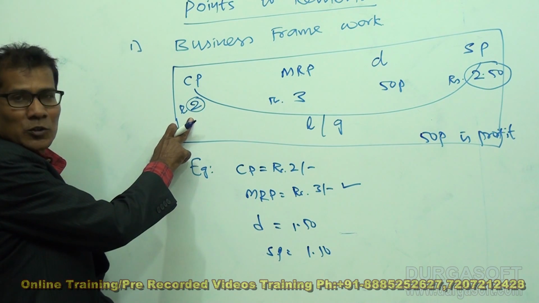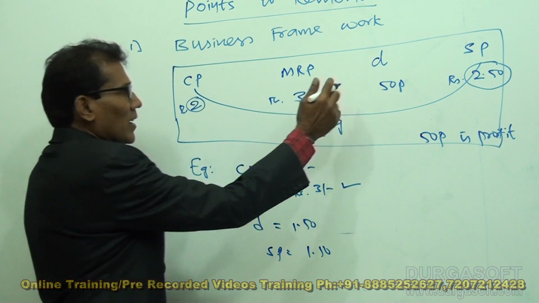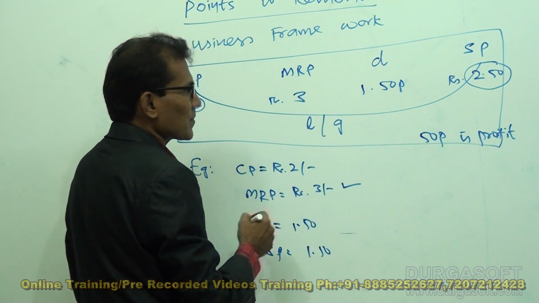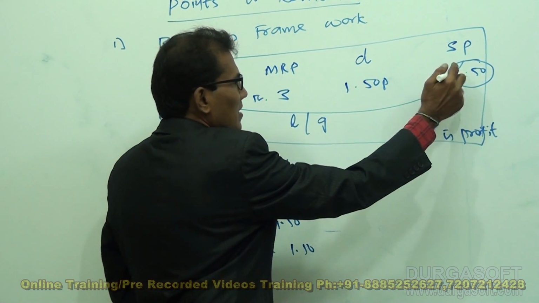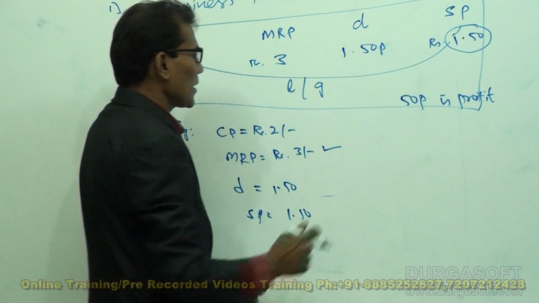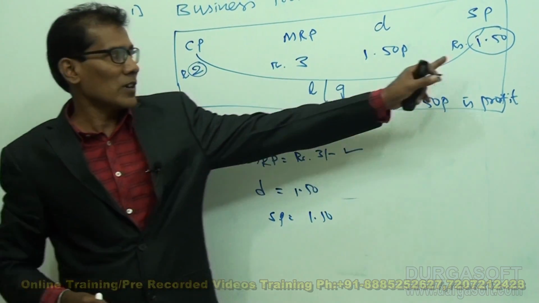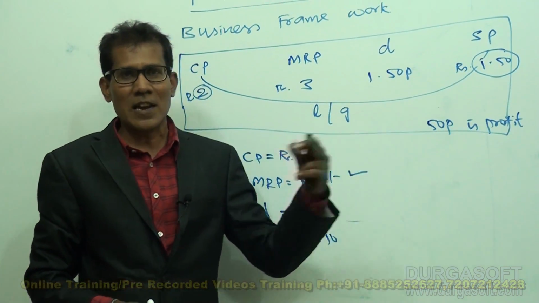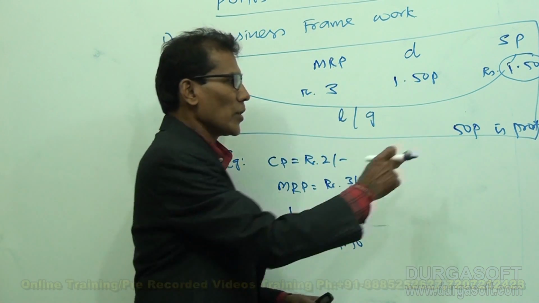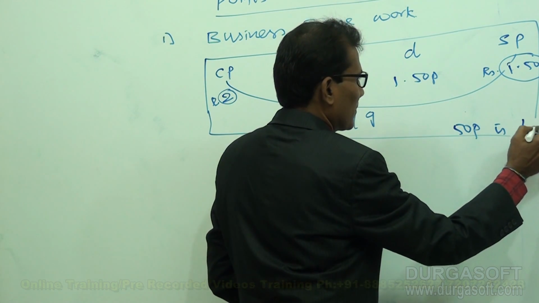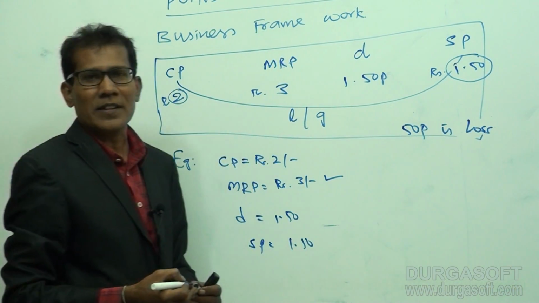I bought it for 2 rupees, 3 rupees is marked and the discount is 1 rupee 50 paise. My selling price is 3 rupees minus 1 rupee 50 paise, which is 1 rupee 50 paise. I bought the article for 2 rupees but I got only 1 rupee 50 paise. In this business am I in loss or gain? Obviously loss. Why? Because 50 paise is a loss for me. This is loss or gain.